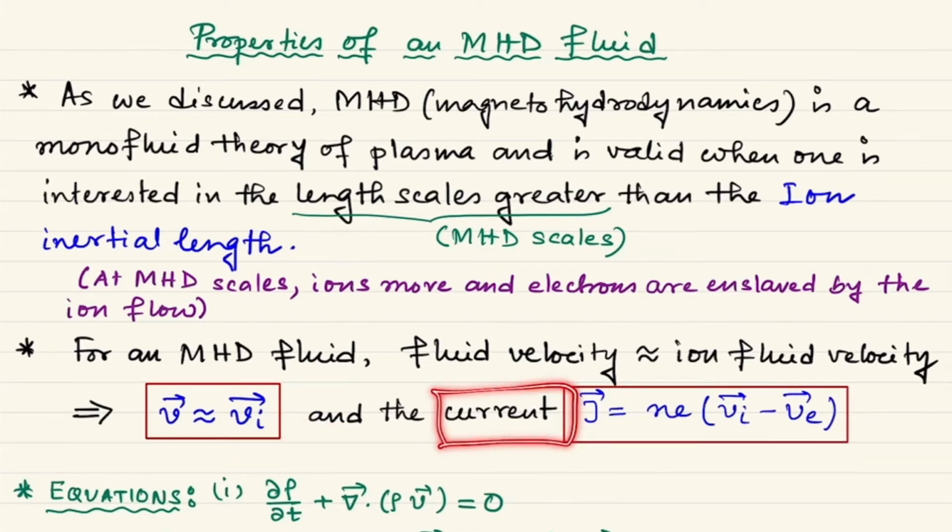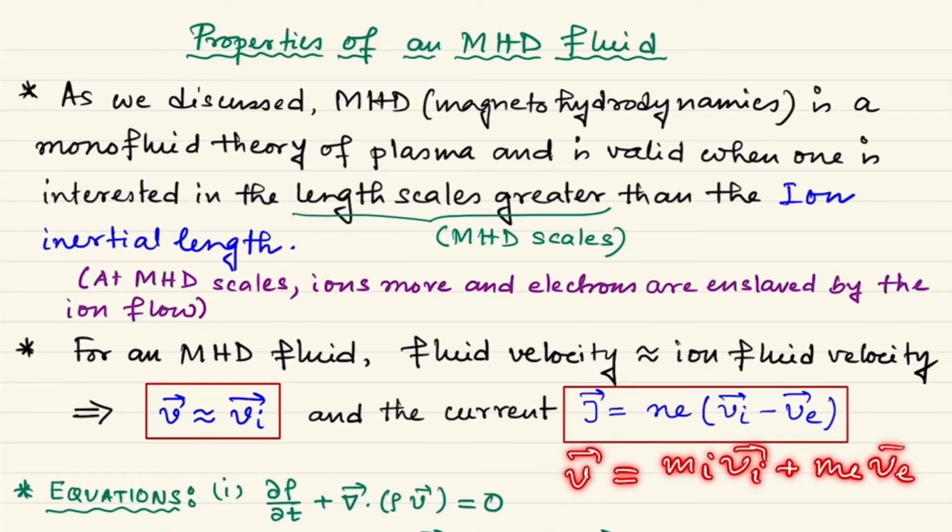The current, on the other hand, given by J, is equal to N e times (Vi minus Ve), where N is the common number density of both electrons and ions and e is the electronic charge, as we also saw last time. Now, if you remember, V was (Mi Vi plus Me Ve) divided by (Mi plus Me).